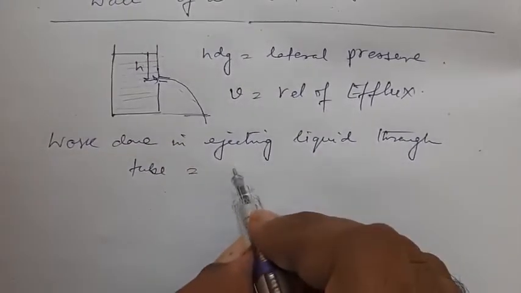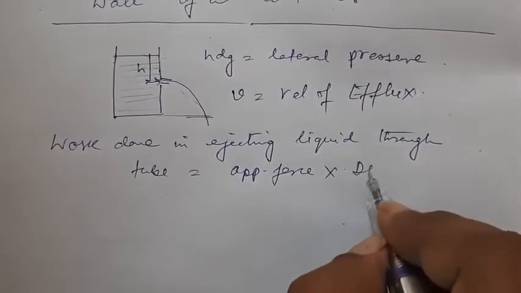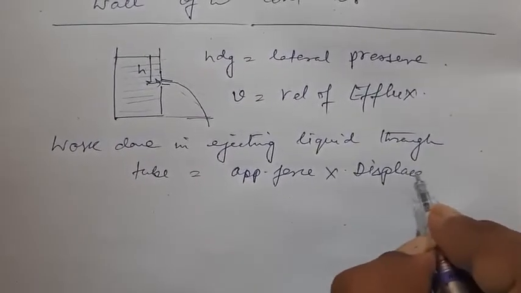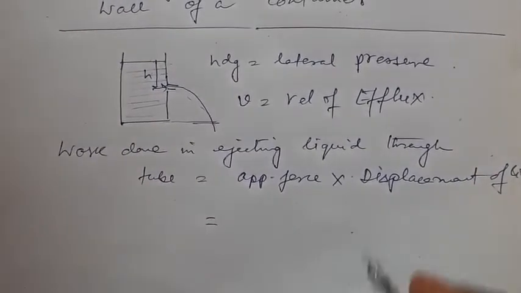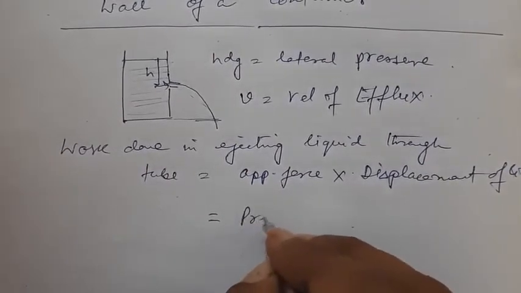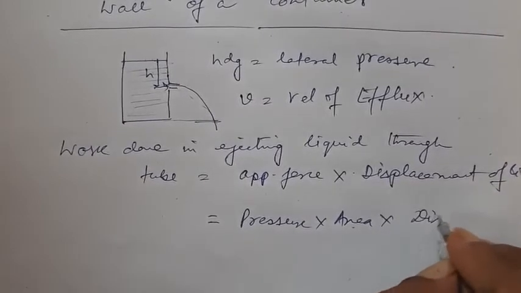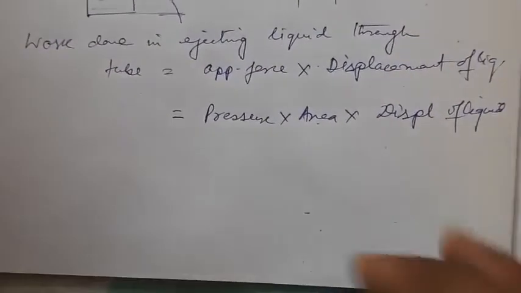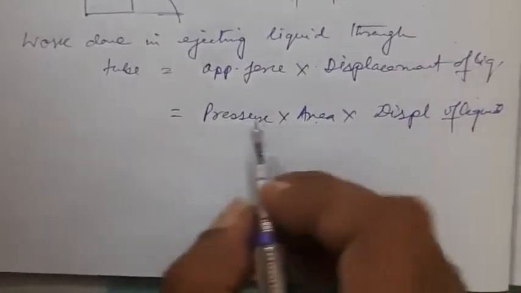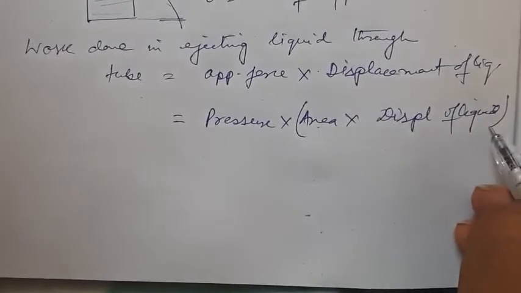Now, how do we find the work done? This is the applied force into the displacement of liquid. Now, what is the applied force? Instead of applied force, we can write pressure into area. Applied force is pressure into area, into displacement of liquid. Pressure exerted on the hole. Now, area into displacement becomes the volume.